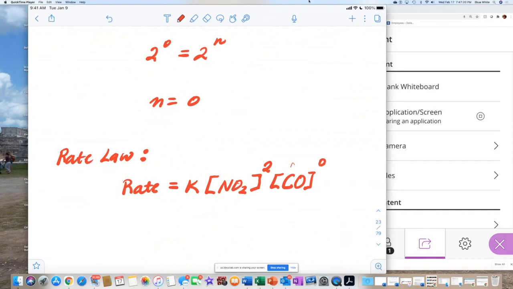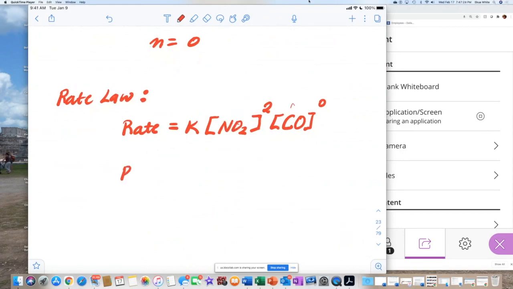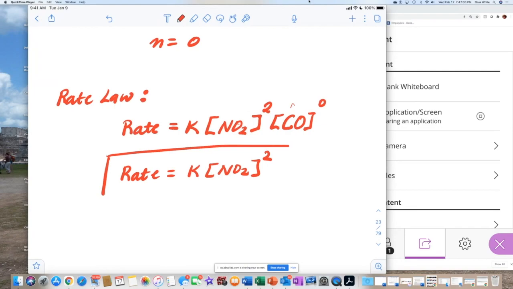Remember we said anything raised to the power 0 is 1. So the rate law is really rate equals K [NO2]^2. This is the answer. This is our rate law.